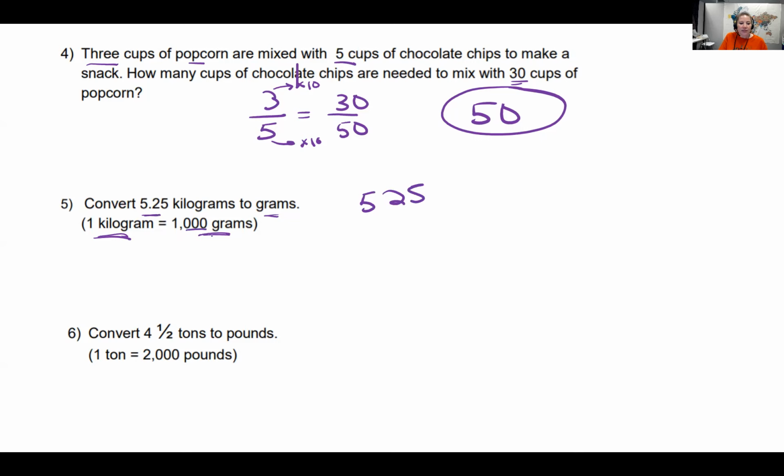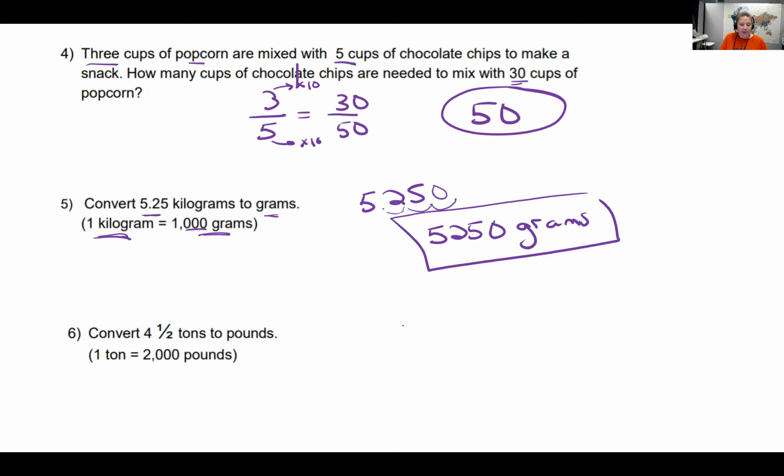So 3 zeros means we're going to move our decimal to the right 3 places. So it goes from here to the right, 1, 2, 3. So the answer is 5,250 grams.